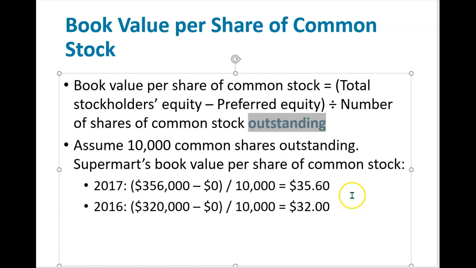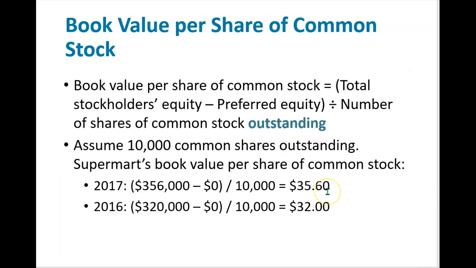Assume 10,000 shares of common stock are outstanding. Total stockholders' equity, and we don't have any preferred equity, so minus 0, divided by 10,000 common shares. The book value per share is $35.60. It's a lot of formulas, isn't it?